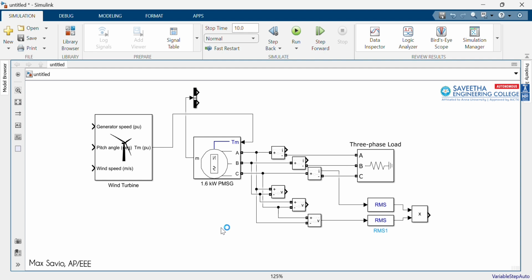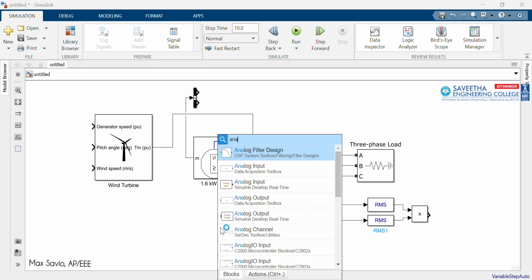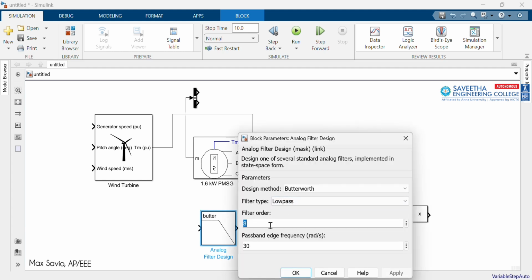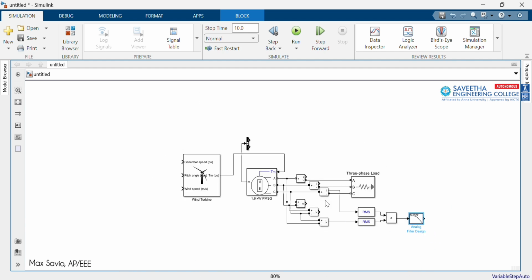Let me put some active analog filter. I keep by default the filter order as 2 and this is 100.5. So I connect it to this and we get the power in watts.